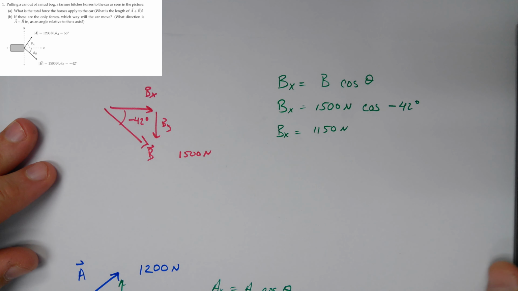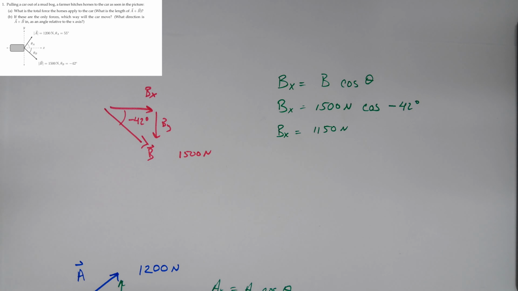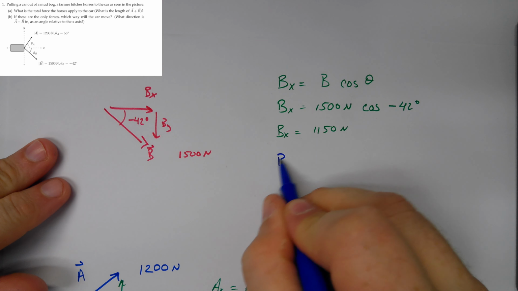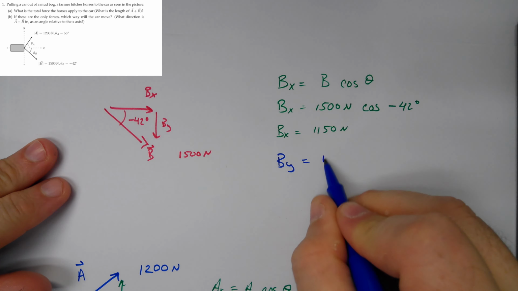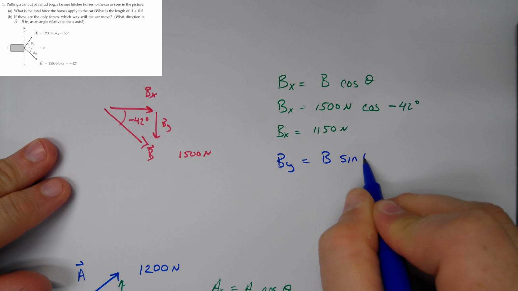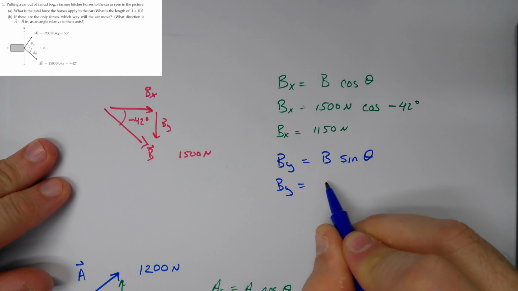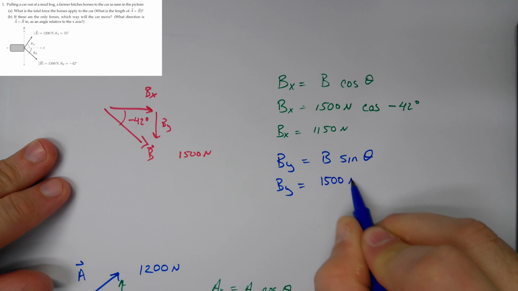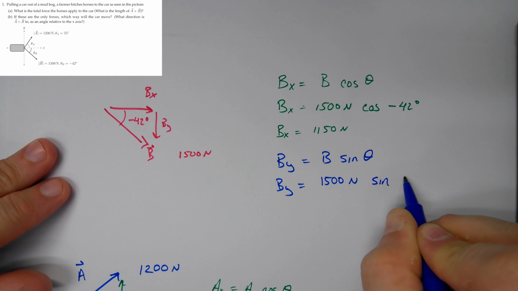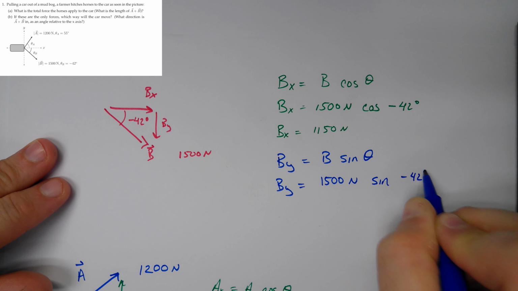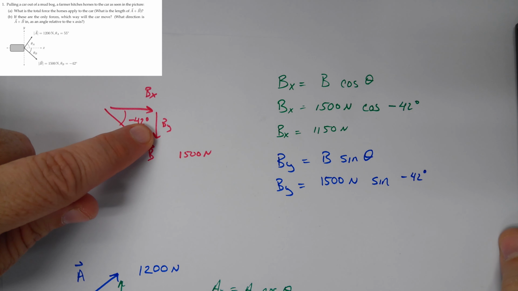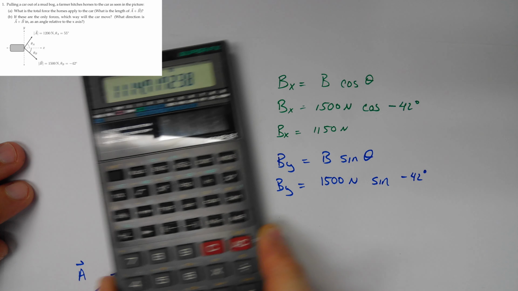We'll do B sub y. That's going to be B sine theta. It's going to be 1500 newtons sine minus 42 degrees. And now when we do this, we should get a minus sign because that is going downwards.